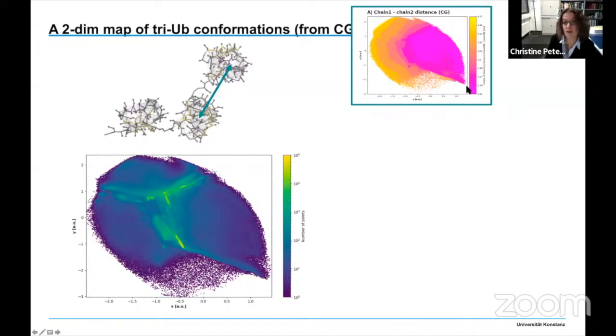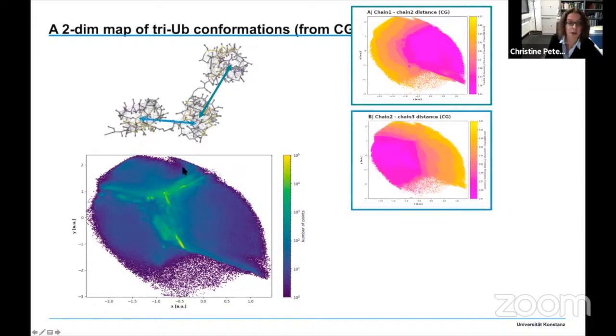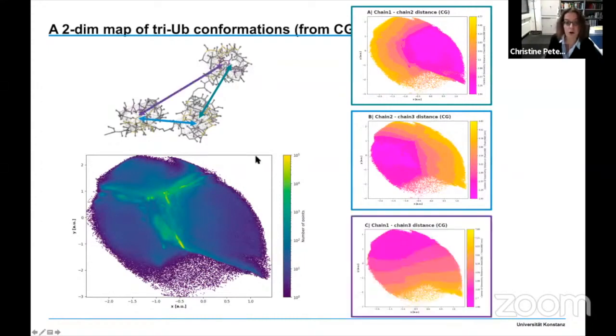If they are close, you're in this half of the map. If they are far apart, you're in this half of the map. You could color the map also according to the distance between these two subunits, or according to the distance between these two subunits. Maybe this is an important dimension, because this is telling you that from here to here, you find the stretched-out conformations down here, and the highly collapsed conformations you will find here in the center of this T.